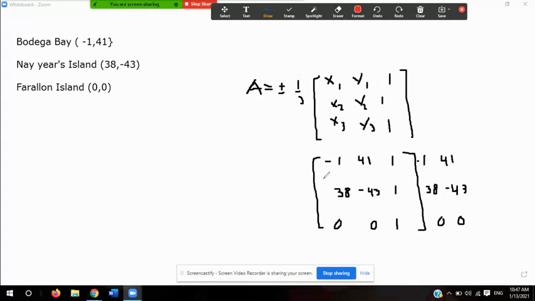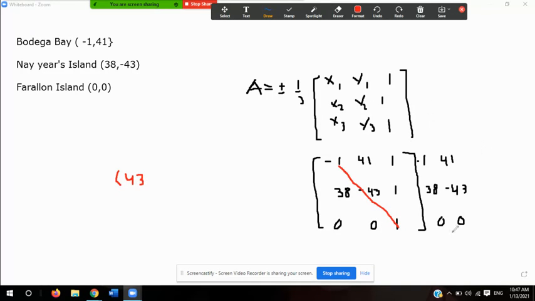So let's get started. Our first one would be negative 1 times negative 43 times 1, and that, of course, would equal positive 43. I'm going to write the determinant down here on my left. So that'd be positive 43. And then we're going to do the same thing on the other side.